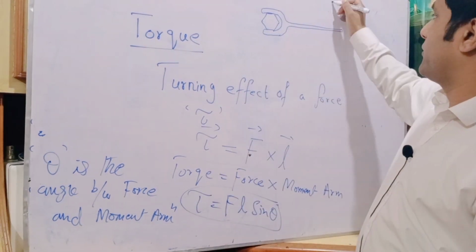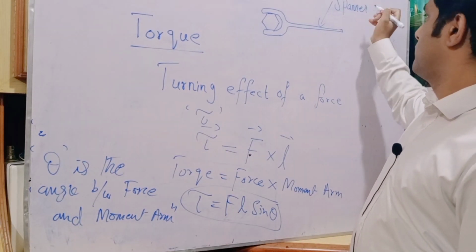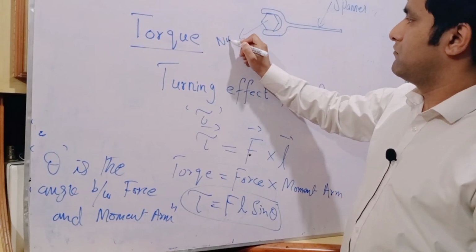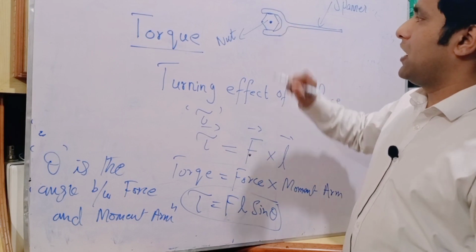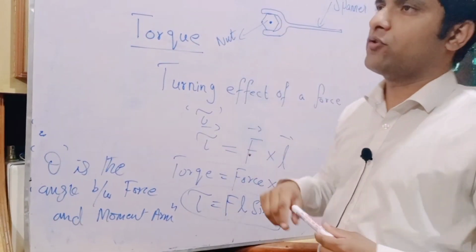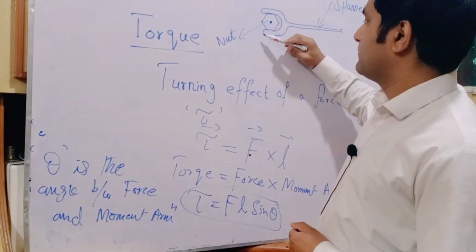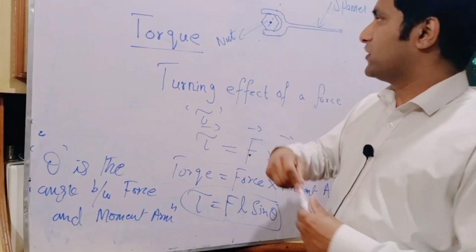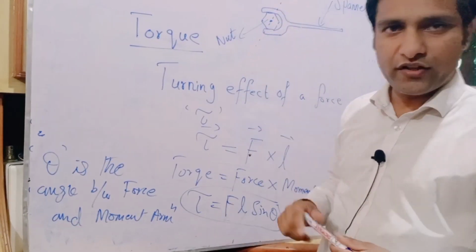This is your spanner and this is your nut. This is the point around which the movement will take place. You can say this is the pivot, or the axis of rotation. The axis of rotation passes through this point, because rotation is about this line.